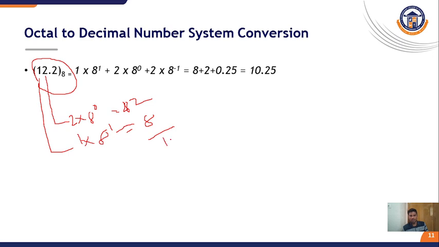So the total value is 10. Next 2 into 8 power minus 1, so it will become 0.25. So the final value is 10.25. So this is the decimal equivalent of the octal number.